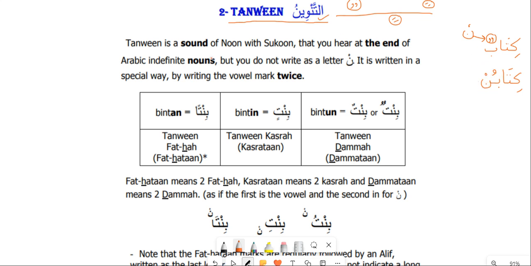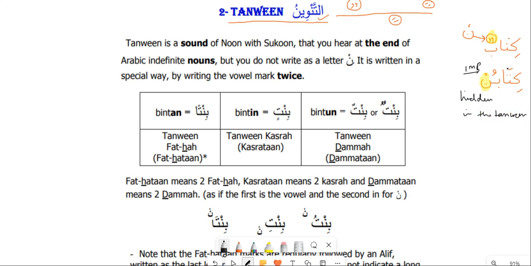This is very important. This noon is the hidden noon inside the tanween. This is a very important point. That's why I'm explaining it now, because it will come with the tajweed, it will come with grammar. So this noon is hidden in the tanween.